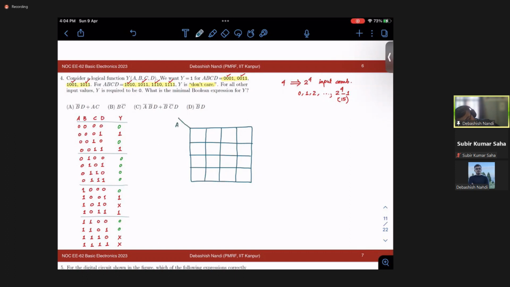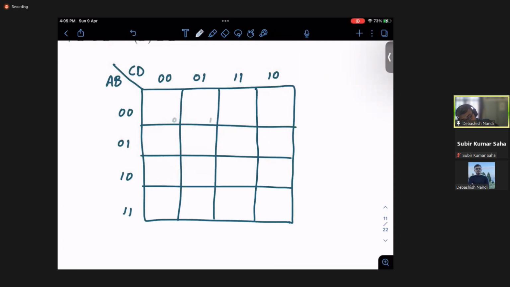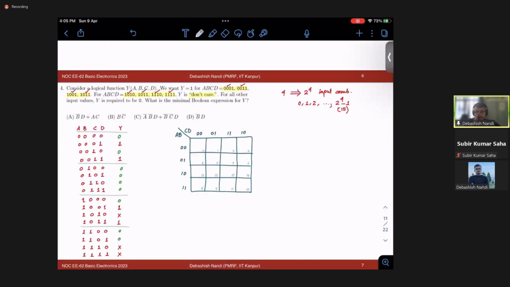So you have your A, B. Here you write your C, D. And how do you write the numbers? This is 00, 01, 11, 10, and 00, 01, 11, 10. And what are the indexes? Indexes are like this: 0, 1, 2, 3, 4, 5, 6, 7, and then 8, 9, 10, 11, 12, 13, 14, 15. So this is how you fill out your numbers.